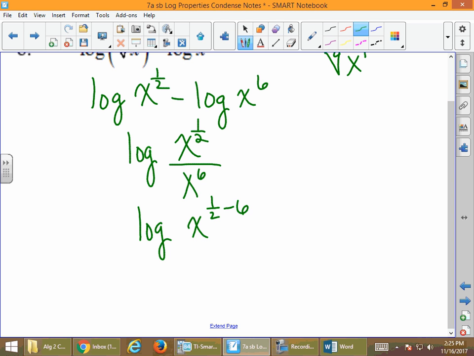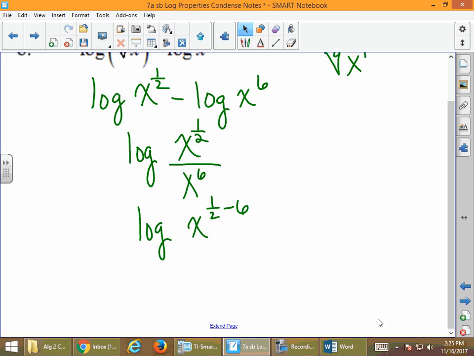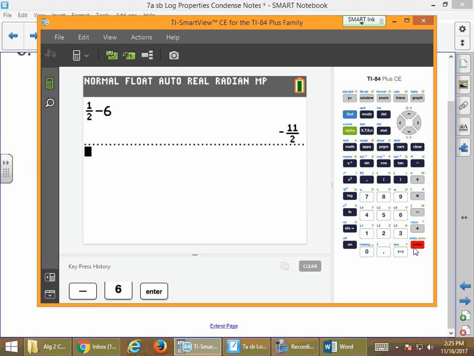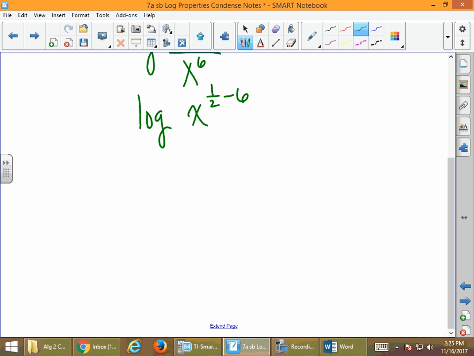If you need to, you can type that into the calculator, and we have 1/2 minus 6, and it might be nice if I pressed equals here. It gives us negative 11/2. So we can't do anything to the x, but we've got log of x to the negative 11/2.